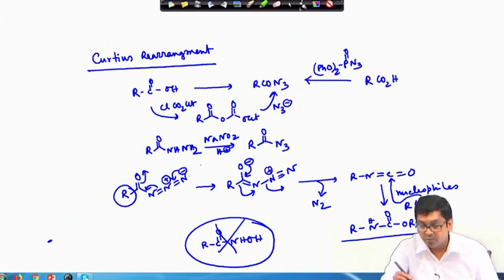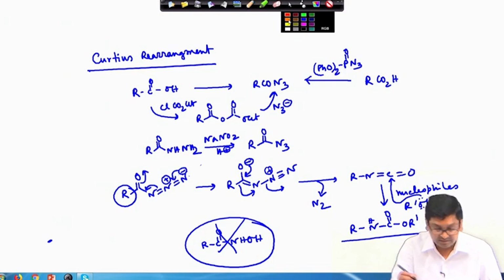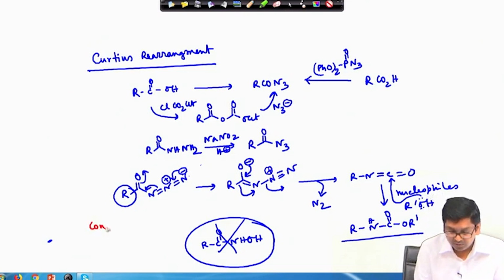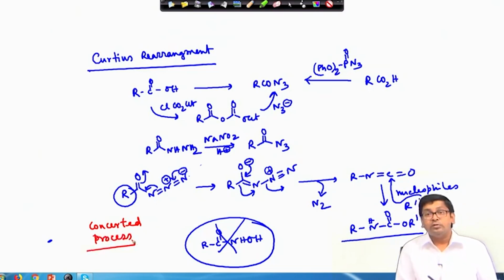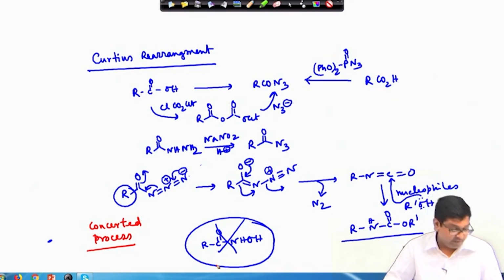So, overall we can say that the reaction is a concerted process, and that has been proved as there are no crossover experiment products and there is no formation of this RCONH-OH. That shows that these reactions are happening in a concerted manner.